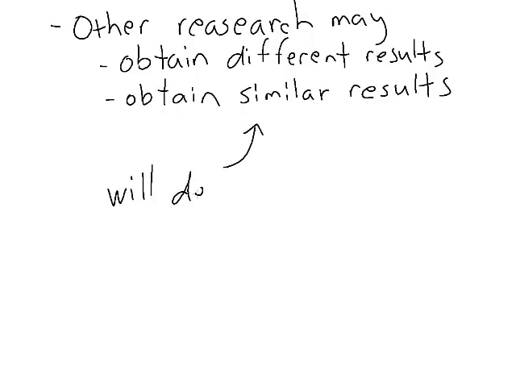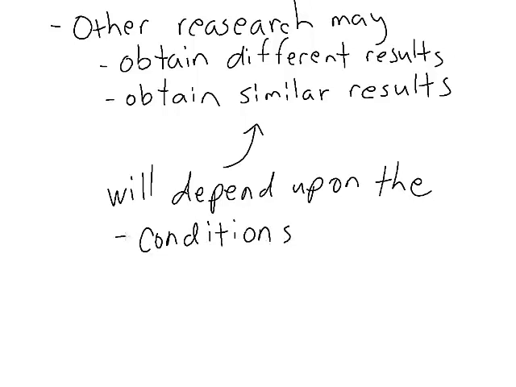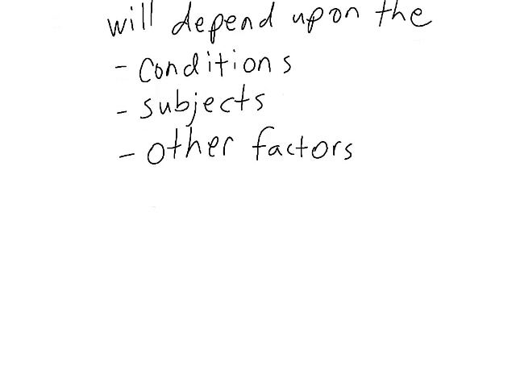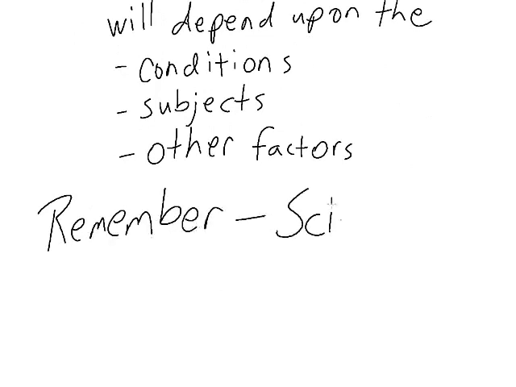So this is why a lot of times you're going to hear in the media that, in 1 year, scientists have shown that vitamin C is great for reducing the duration of a cold. And then, a couple of years later on the Today Show or on ABC or something, they say the exact opposite, that science has shown that vitamin C does not affect the duration of a cold.